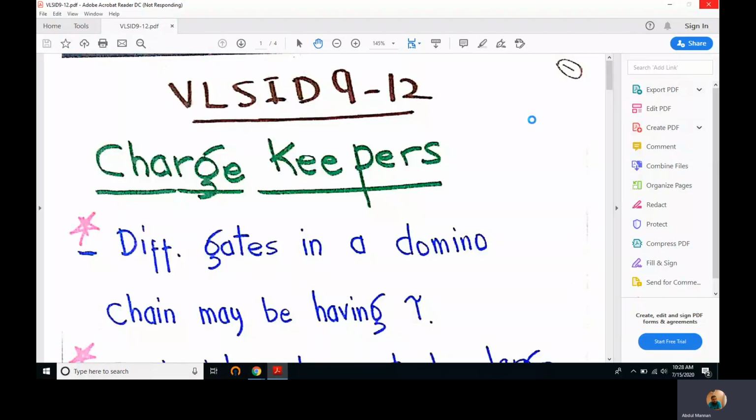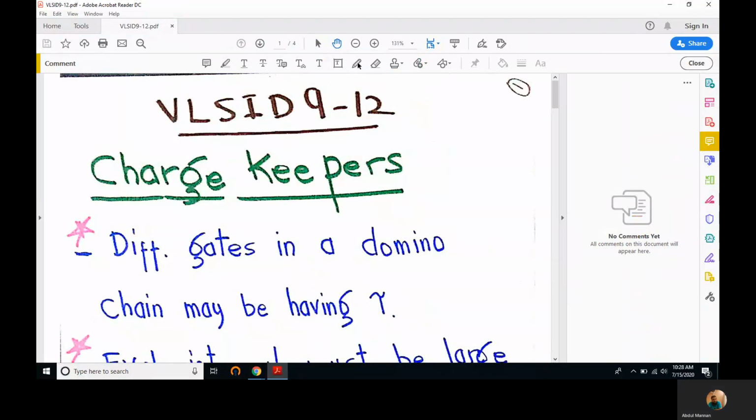In our last lecture, we studied domino chains, or domino logic.